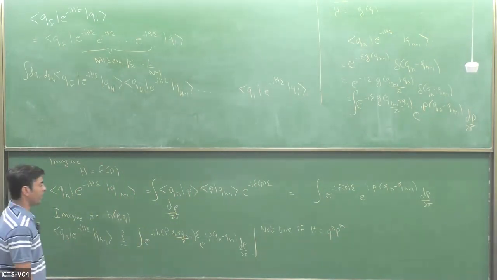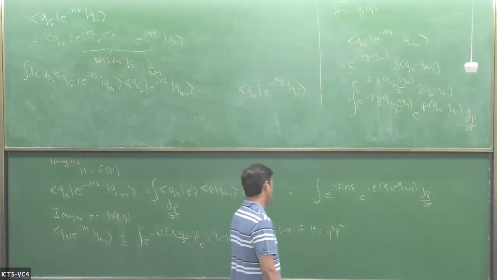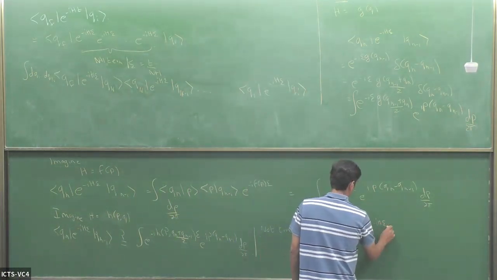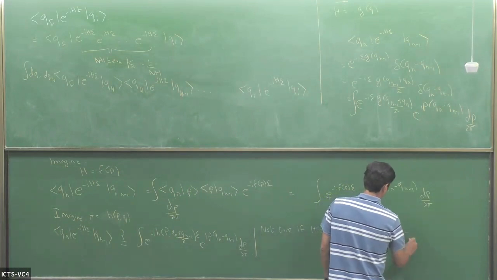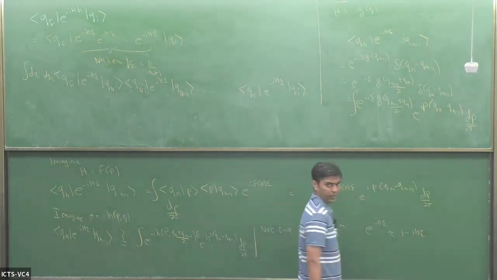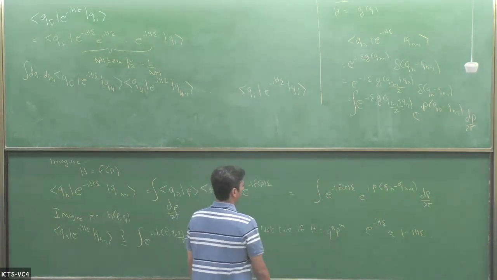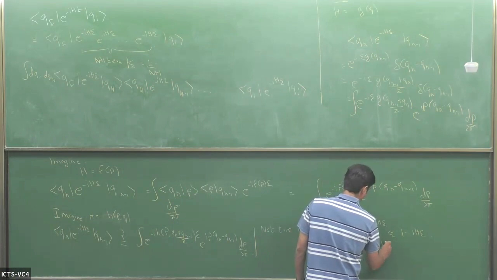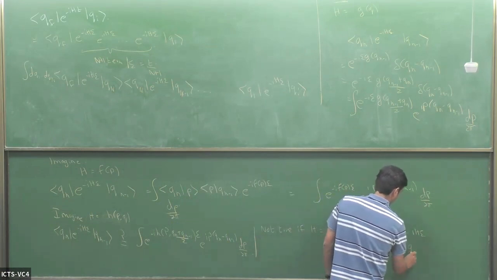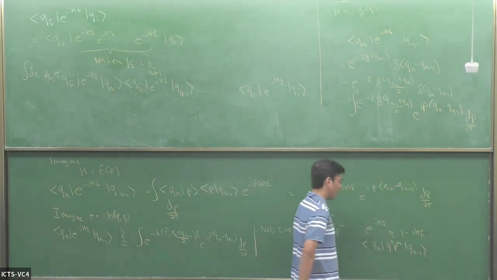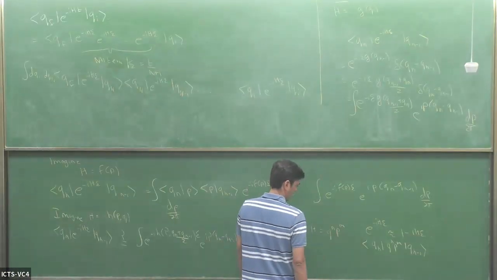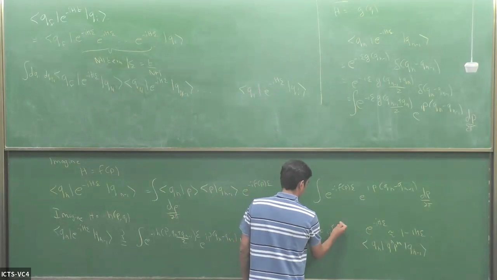So e to the minus i H epsilon, you would write as 1 minus i H epsilon to first order in epsilon. And then when you evaluate the expectation value of q_n with H epsilon, q to the n p to the m, q_{n-1}, I have the two n's here, sorry, let's call this q to the r, p to the s.